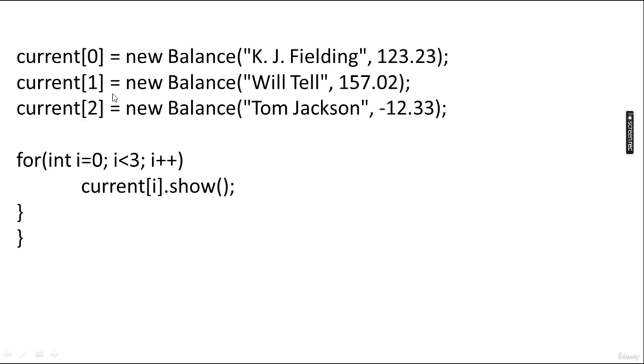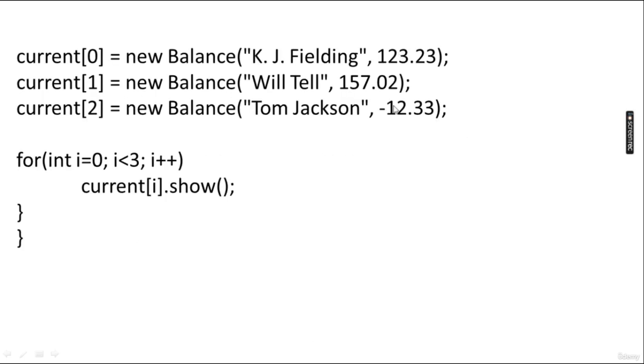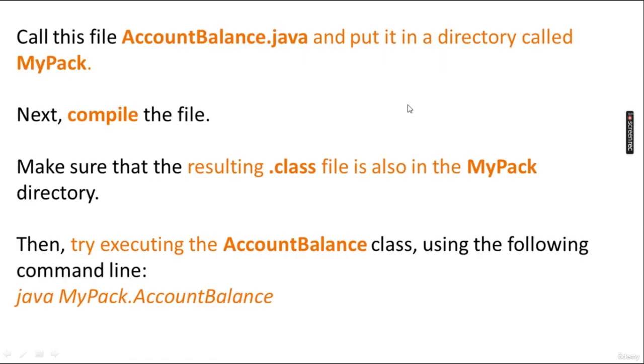And then current 2, that is the third object, is new Balance, Tom Jackson, minus 12.33. For 3 times, iterating, current of i dot show. What this show will do: if balance is less than 0, then it will print with System.out.print the name plus balance.